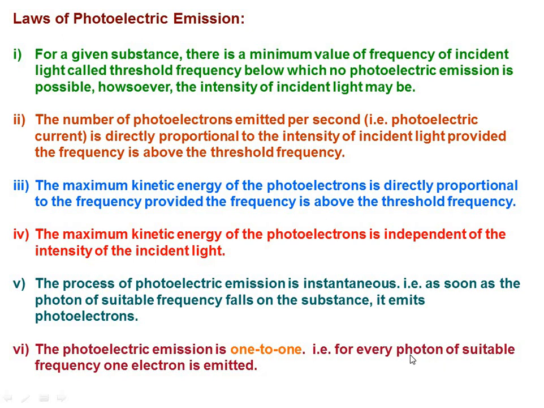So for every photon of suitable frequency, one electron is emitted. For every photon having a frequency greater than the threshold frequency, the photoelectric emission will be one to one. So for every photon there will be one electron. Are we getting the point here?